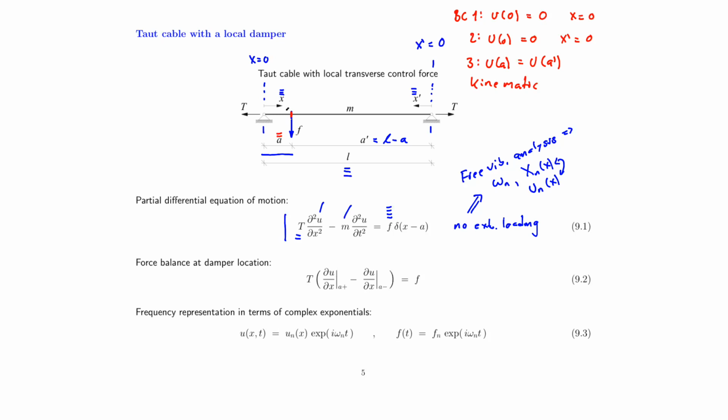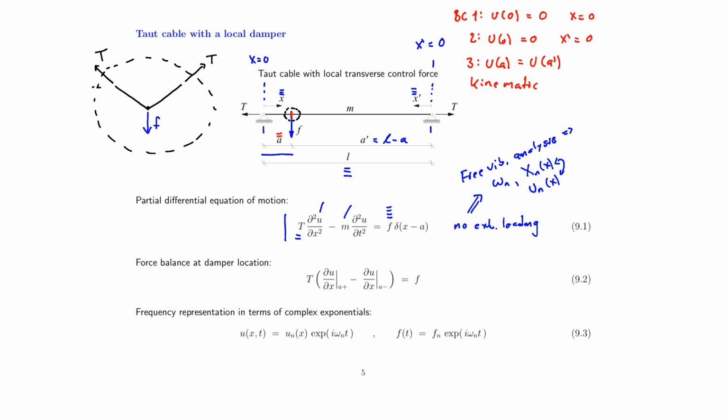The fourth boundary condition is actually shown in 9.2. Let me just make a cut around the damper force and blow it up a little bit. So we have our damper location here, and we have the forcing F that is downwards, and for a positive displacement the cable will have a kink exactly at the damper location, and we'll have a tension force to the left and a tension force to the right.